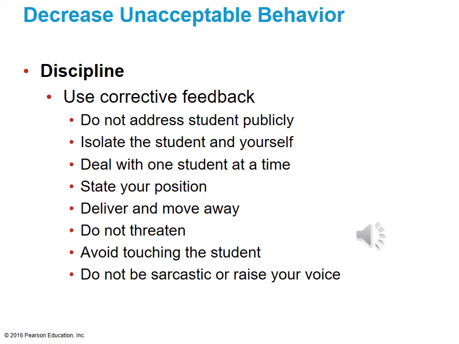The sixth and final step to develop a well-managed and disciplined class is to decrease unacceptable behavior with discipline on page 120. Corrective feedback and the use of consequences can be effective in decreasing unacceptable behavior.